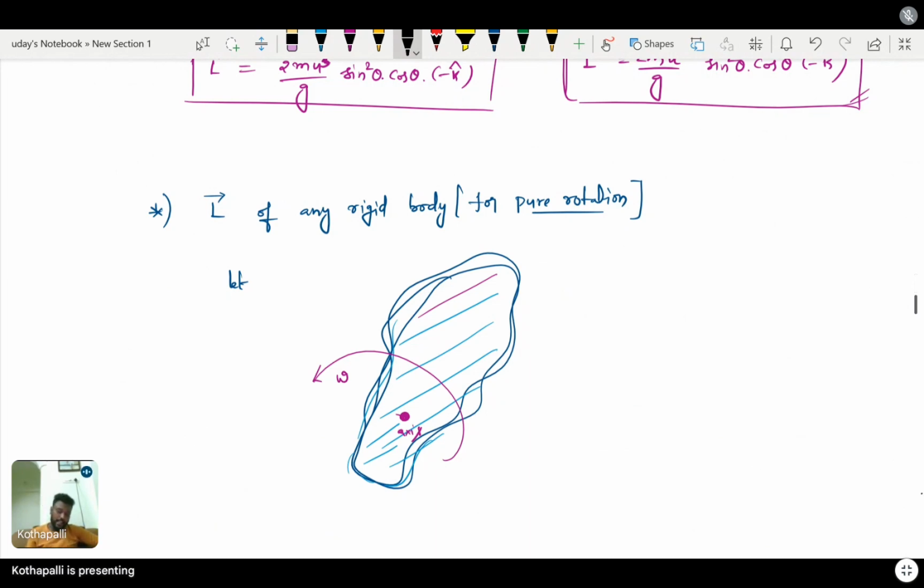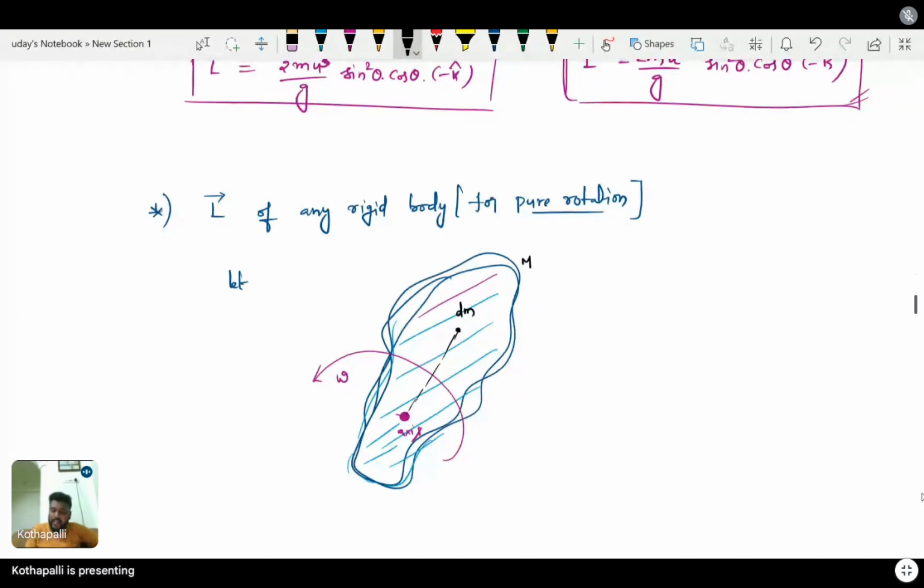Very simple logic: I'll take any point mass somewhere here, dm, where the total mass is m. That dm's angular momentum I'll calculate, and then I'll integrate the value from the starting to the ending limit.